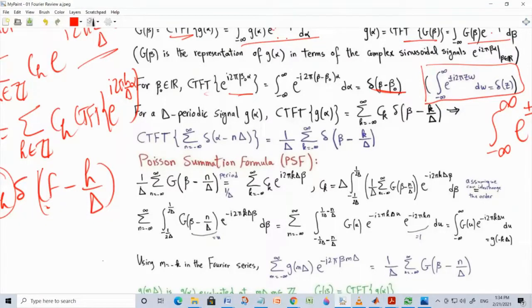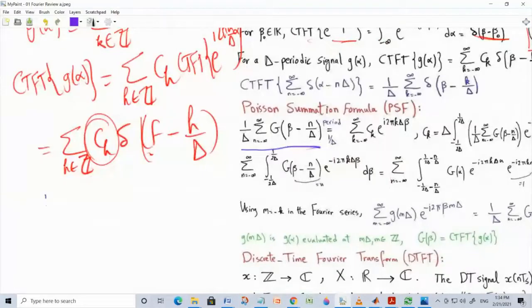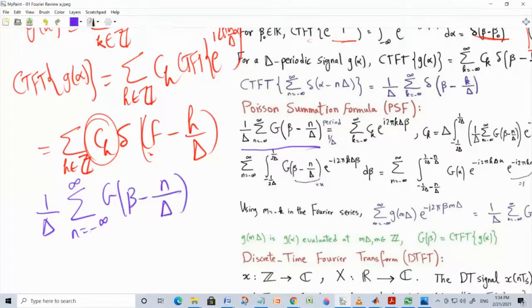Now let's talk about one of the most important formulas, the Poisson summation formula. Basically the idea is to start with this function. It's a function that is written in terms of an infinite sum, and suppose that this infinite sum makes sense, so for every beta this summation is finite.